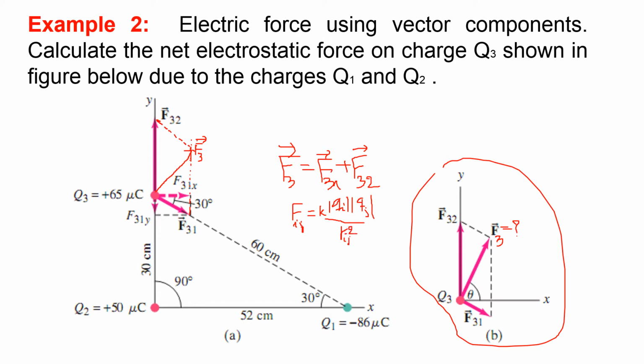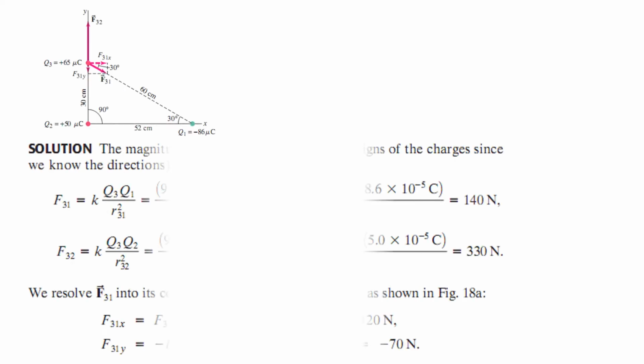Here the distance between charge 1 and charge 3 is 60 centimeters. The distance between charge 2 and charge 3 is given to be 30 centimeters. Then we are going to perform calculations as follows.